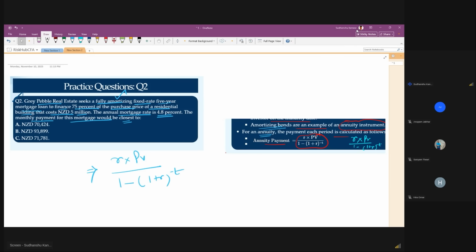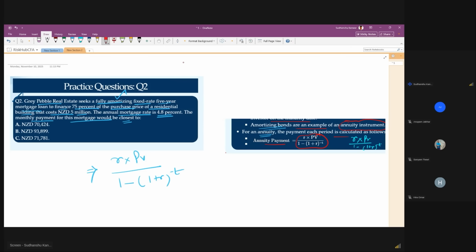Because the PV is now interesting, right? PV is very, very interesting. And how do I find the PV in this particular case, right? So if you read the question, the question is saying, this real estate company seeks a fully amortizing fixed rate 5-year mortgage loan to finance 75% of the purchase price of a residential property that costs 5 million.